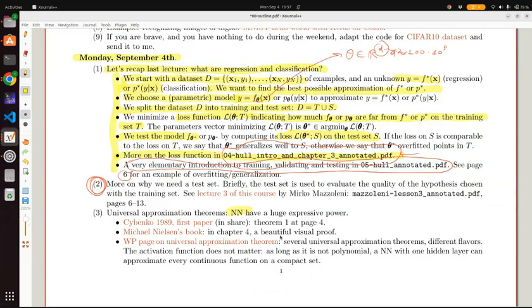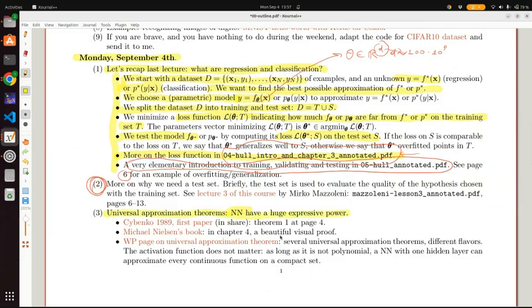Now, why neural networks? What I want to tell you now is why neural networks are so successful in approximating functions. This is because neural networks are universal approximators.